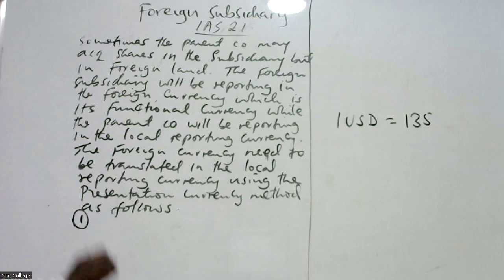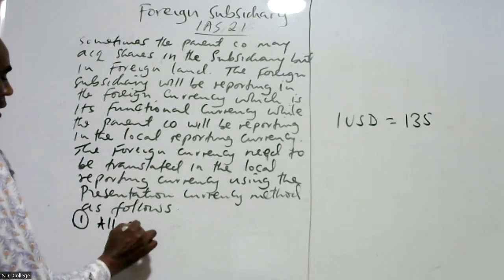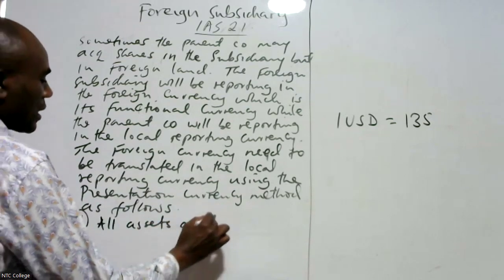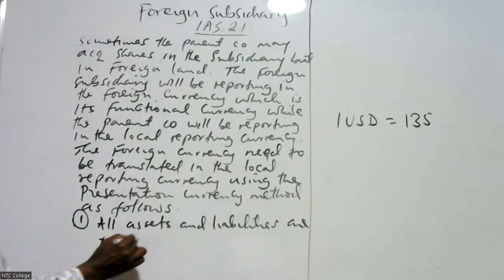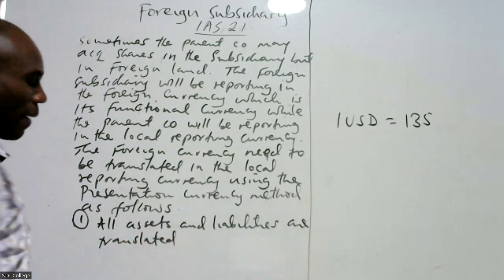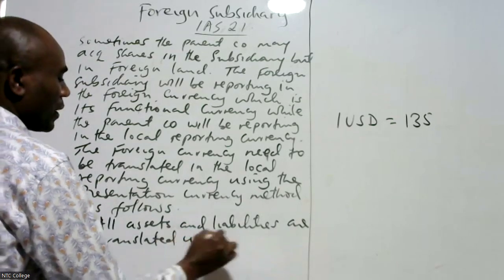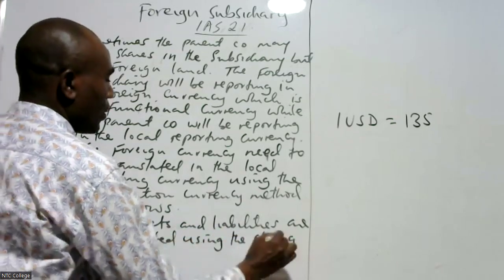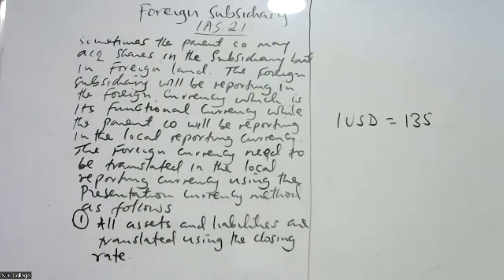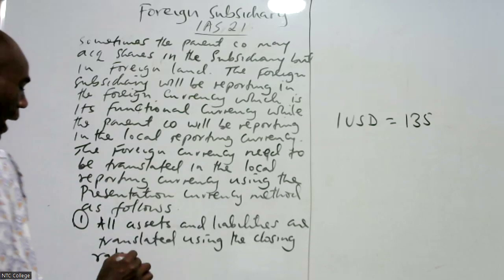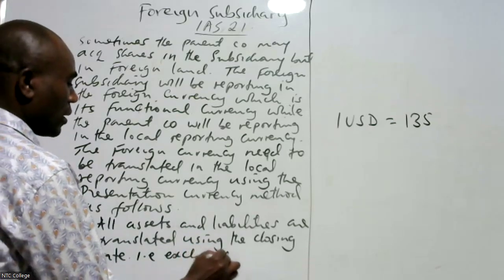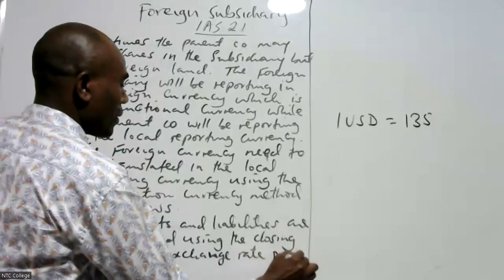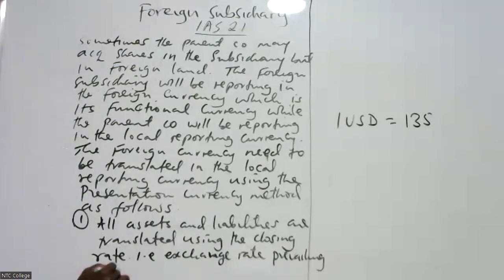Number one, all assets and liabilities are translated using the closing rate, i.e. the exchange rate prevailing at the balance sheet date.